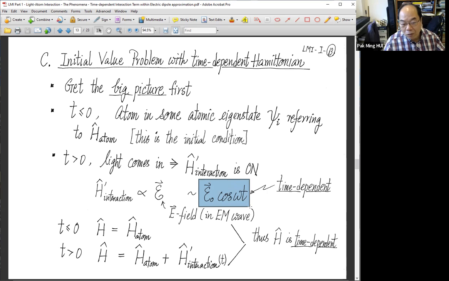When we have E field, rather naturally, it will interact with the electron's charge, right? And then we know from E and M again, an energy term can come out when this E field interacts with the electric dipole moment. Minus P dot E is an energy term, and we are going to use that to form our H prime.